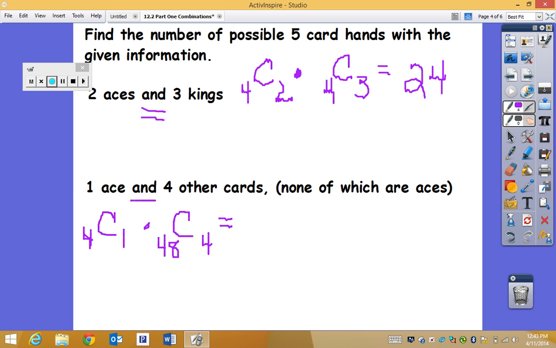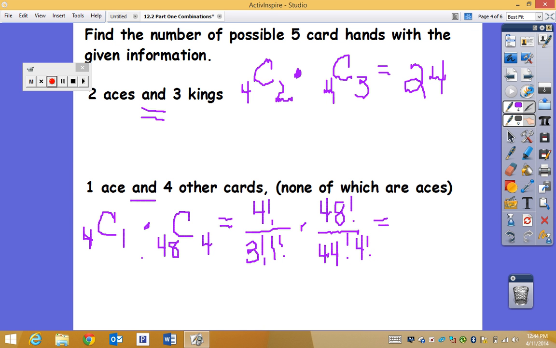So we can use our calculator to use combinations by again going into the math menu. Make sure you put the choices, the possibles, in first and then how many you're selecting, and then multiply that out. Or we can write it out as, remember, the first combination is 4 factorial over 4 minus 1, which is 3 factorial, times 1 factorial, times 48 factorial over 48 minus 4, which is 44 factorial, times 4 factorial.